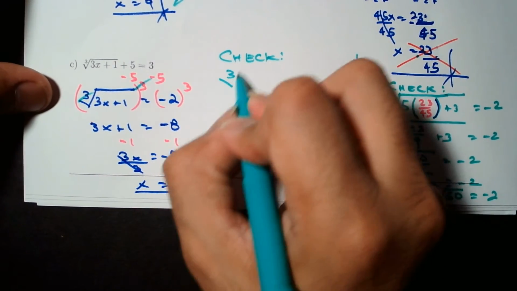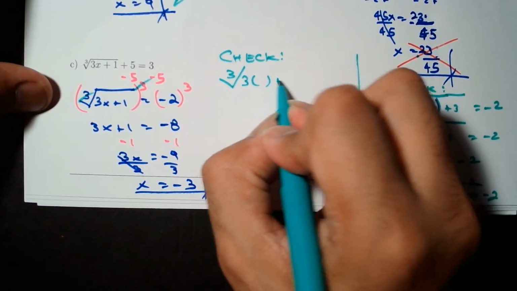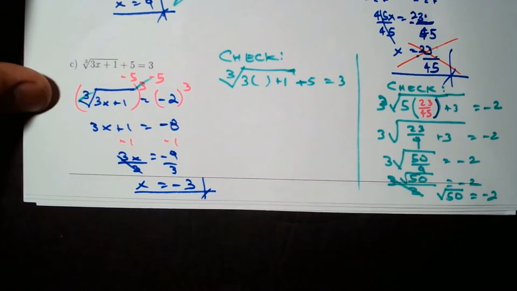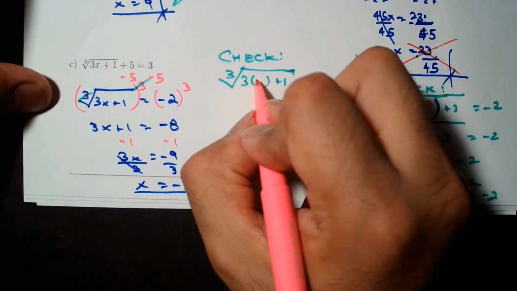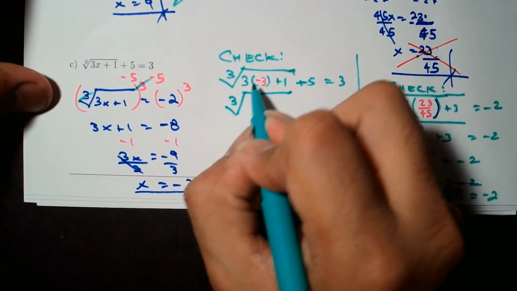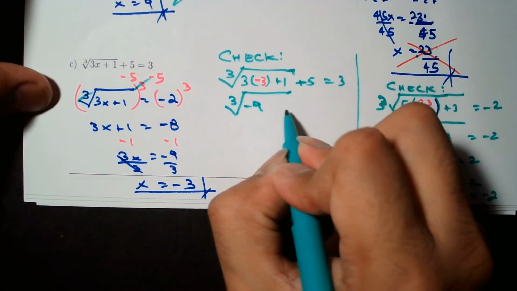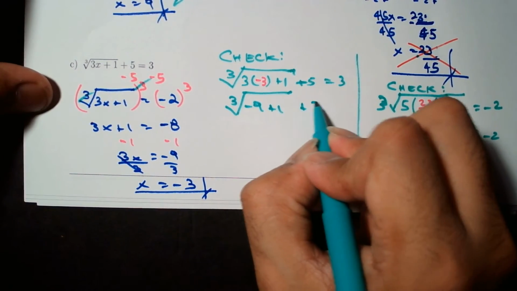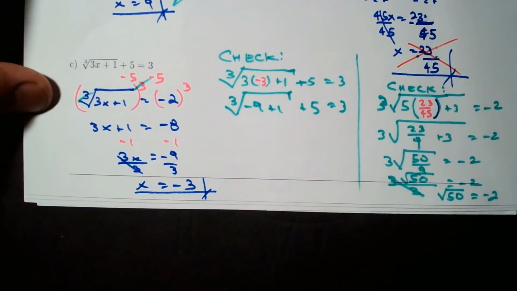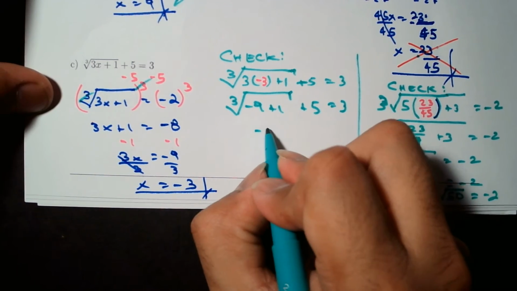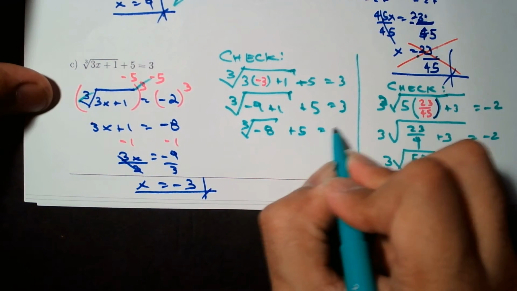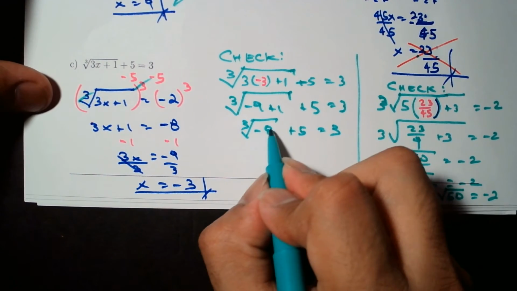The cube root of 3x plus 1, plus 5 equals 3. The number we want to check is negative 3. That's 3 times negative 3, which is negative 9, plus 1, plus 5 outside of the radical. This 5 is outside, be careful. Negative 9 plus 1 is negative 8 inside the cube root, plus 5 equals 3.